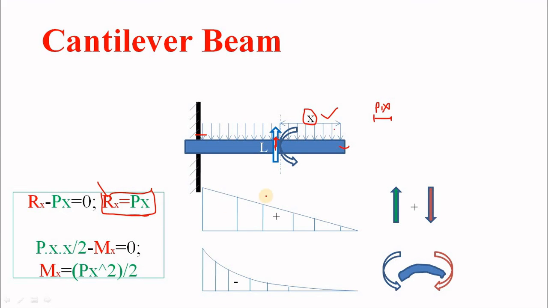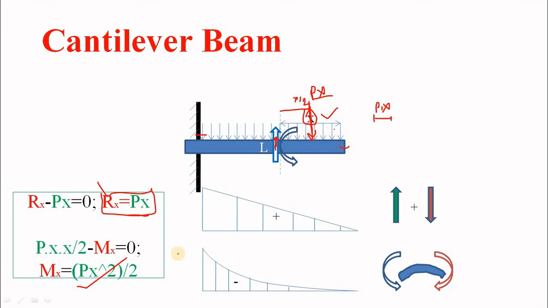And what is the moment? Simply assume the total load Px is acting here at the middle, because this is a uniformly distributed load, so this distance is simply x by 2. If you multiply this load, Px, with x by 2, you get the moment as Px squared by 2.